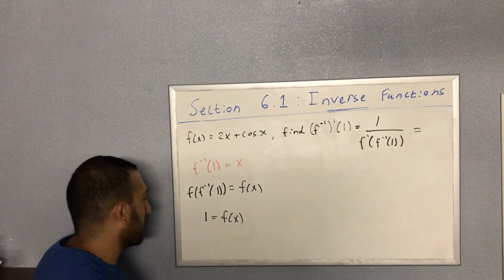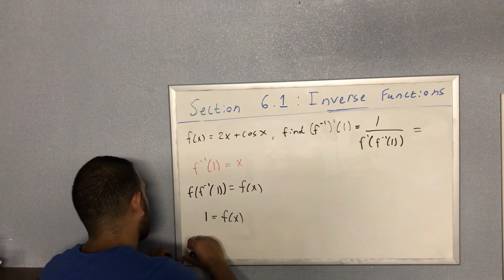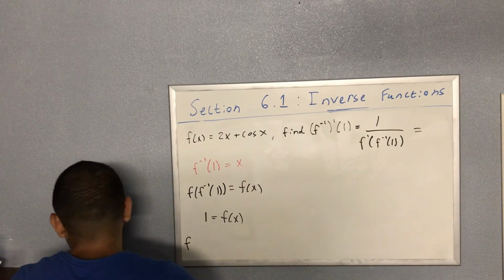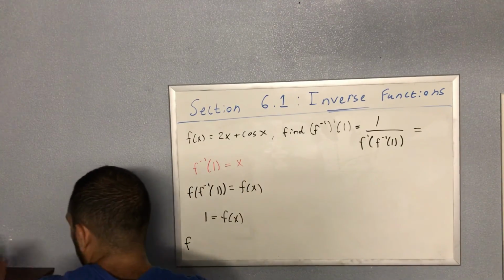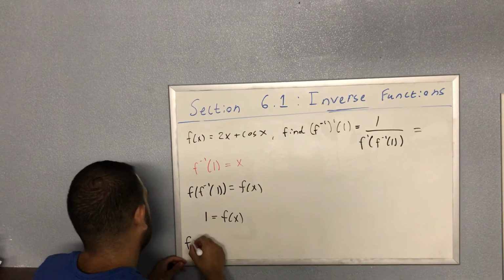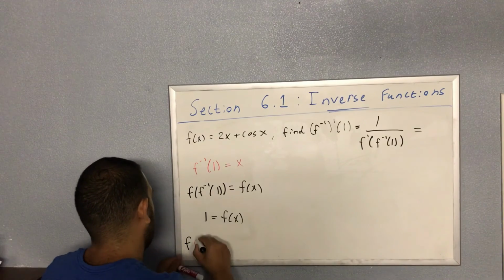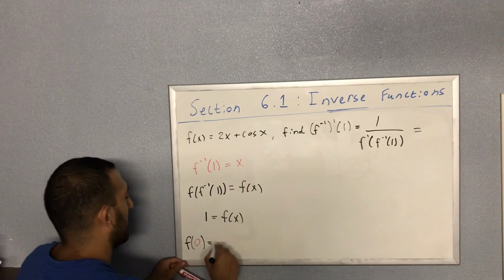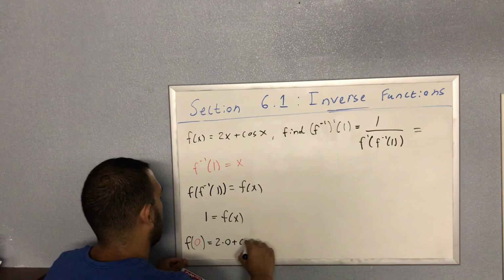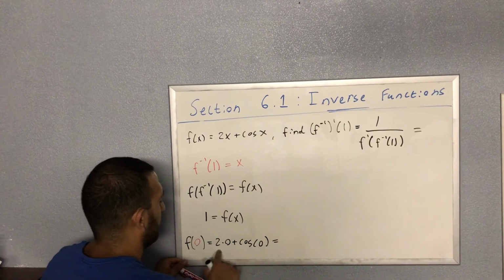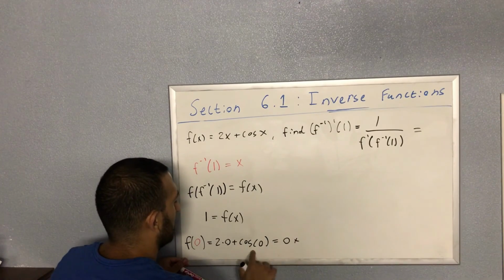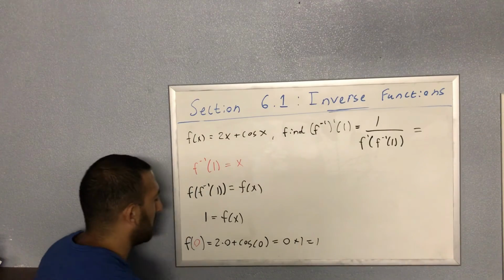Now, if you think about it, what happens when you stick 0 into the original function? If you stick 0 into it, what do you get? You get 2 times 0 plus cosine of 0. That's just 0. This is 1. And look, lo and behold, we get 1.